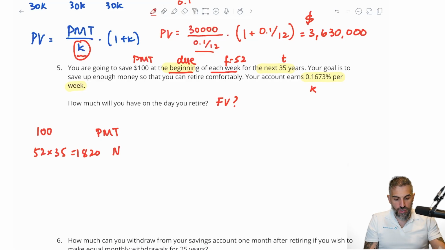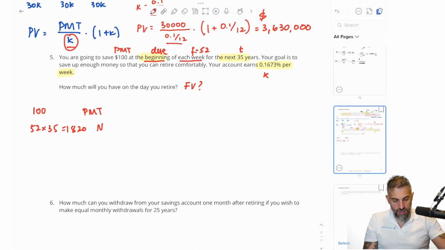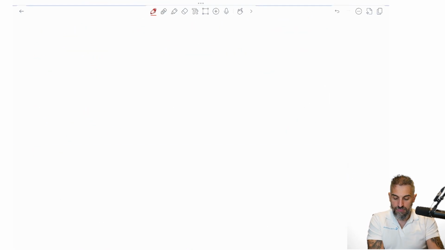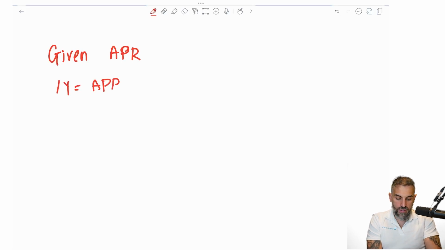So when you're using your financial calculator, there are really two situations, and you have to be aware of both of them. If you are given an APR in the question, then your IY is the APR. Your PY has to be set to whatever F is, and your CY has to be set to whatever M is.